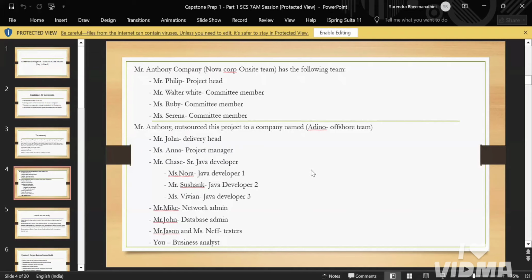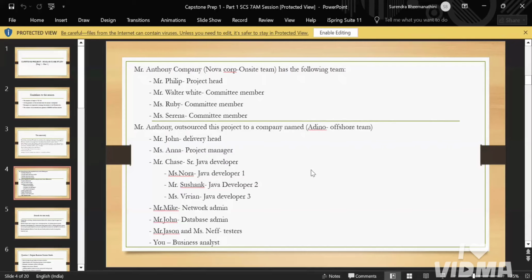Mr. Chase is a senior Java developer, Miss Nora is a junior Java developer, and Shashank and Vivine are also Java developers. Mr. Mike is a network admin, Mr. John is a database admin, and Jason and Neff are the testers. And here you are the business analyst.